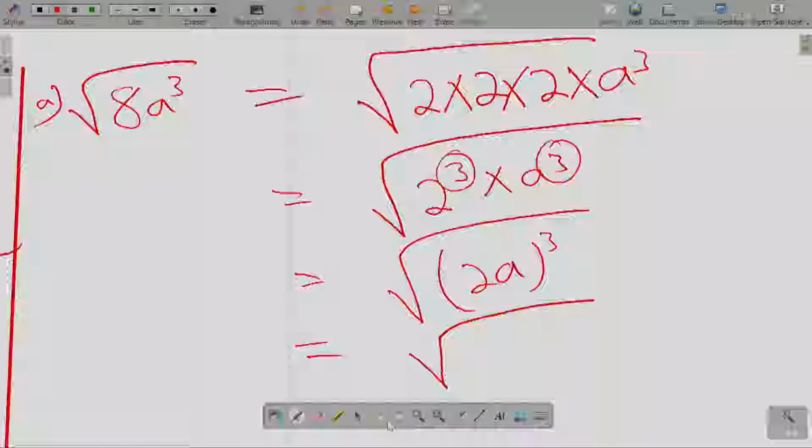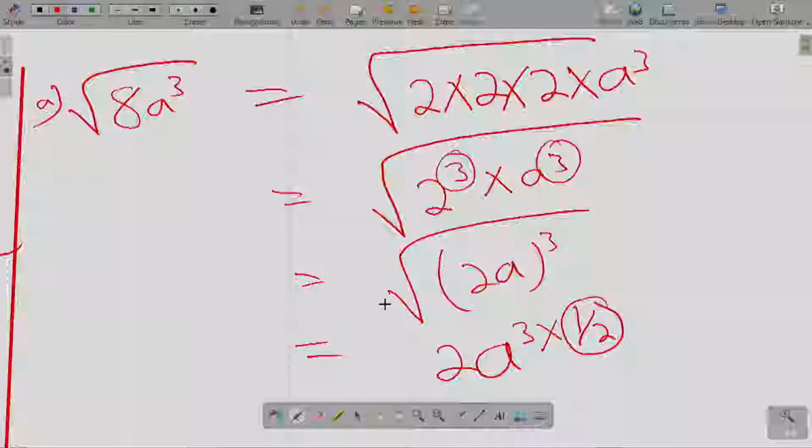Therefore, let's remove the radical. We can write this as (2a) to the power 3 times 1 over 2. This takes the place of the square root.